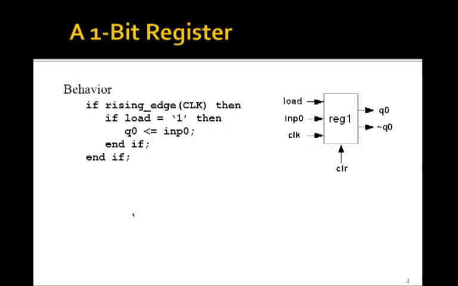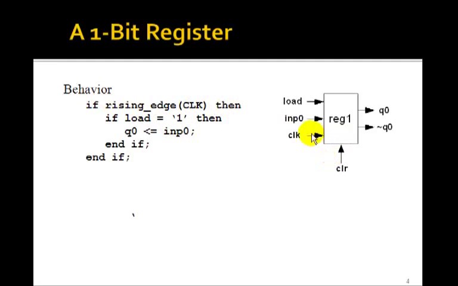Now, we can also represent this 1-bit register as a little block diagram with a load coming in, input 0 and clock as the inputs, Q0, not Q0 as the outputs, and we can have an asynchronous clear coming in. Then we can describe the behavior of this 1-bit register with just this if statement.